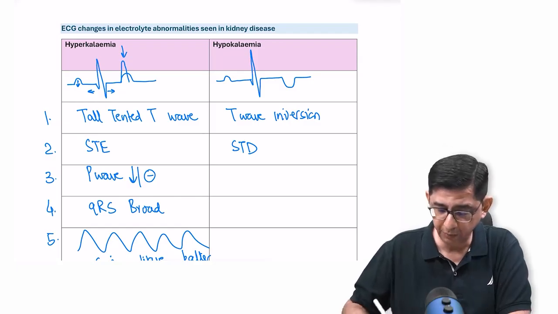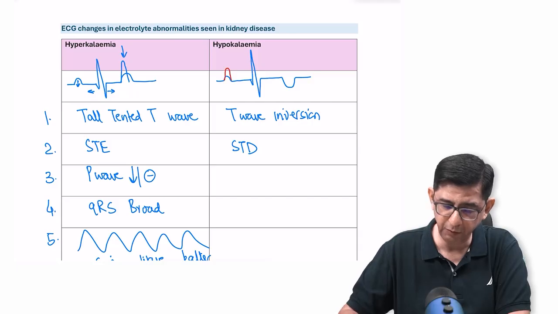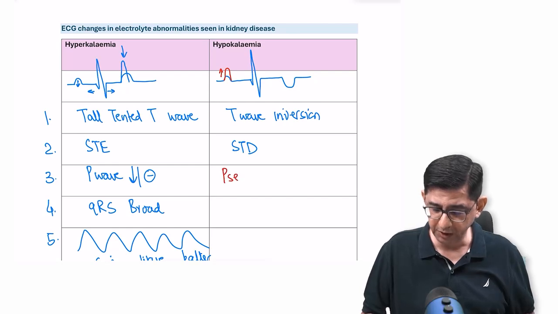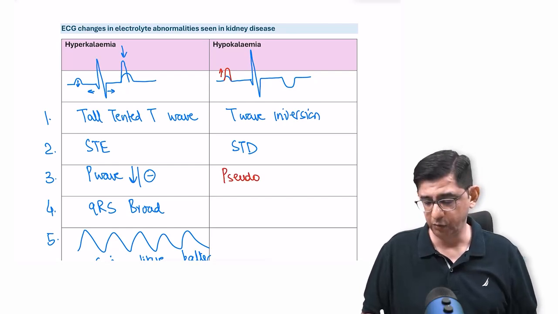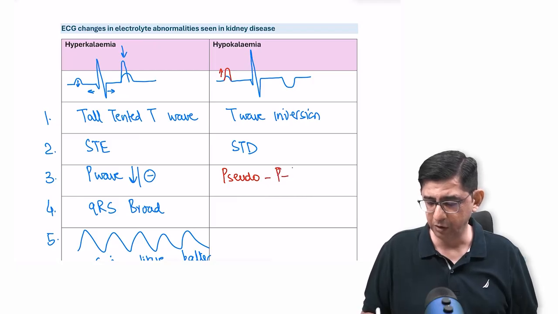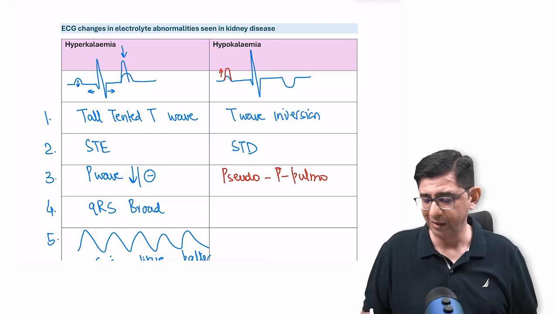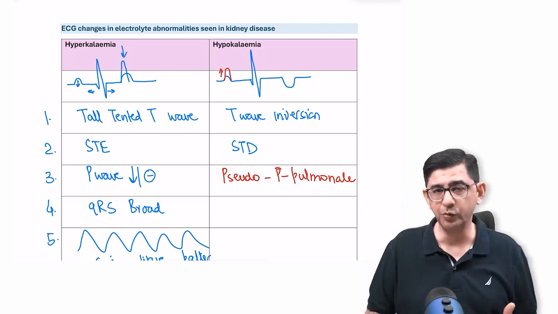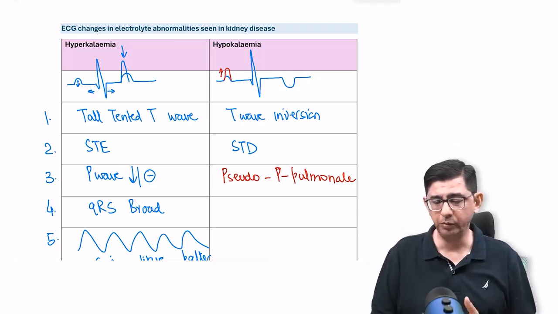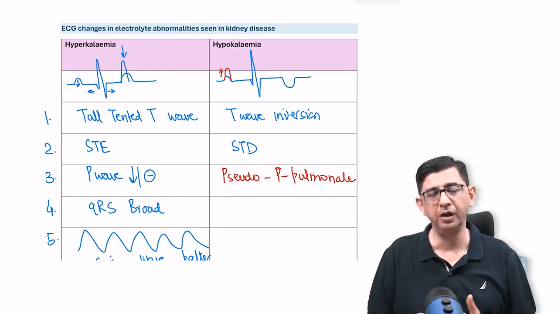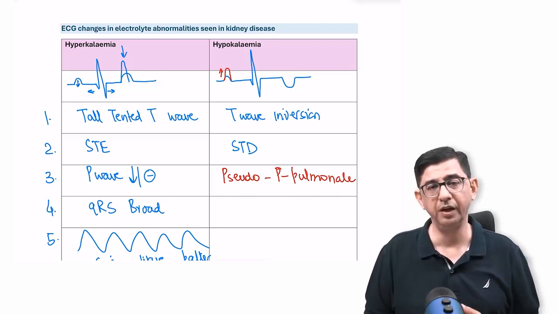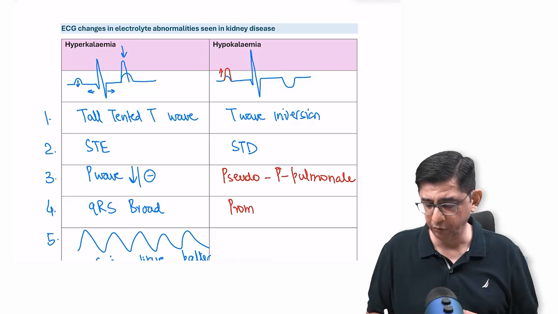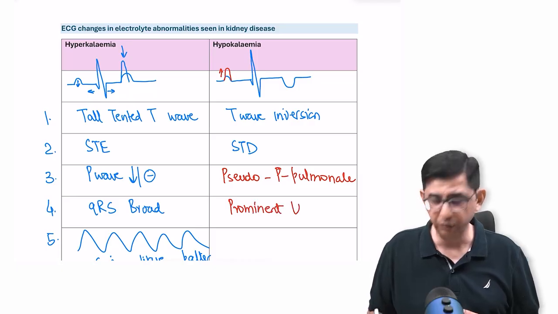And now the reverse will happen: the height of the P wave in this condition will begin to increase. The term used to describe this increase in the height of the P wave is pseudo P pulmonale, because P pulmonale is what you traditionally read with right-sided enlargement in a patient due to tricuspid stenosis, but here it's pseudo because it's not a cardiac chamber enlargement but an ECG-based finding. Then a new finding will appear, a prominent U wave. Now we read about U waves, that's okay.